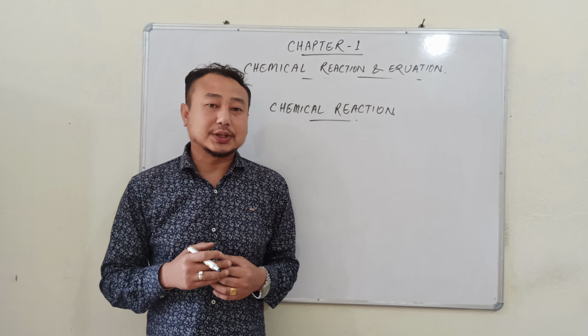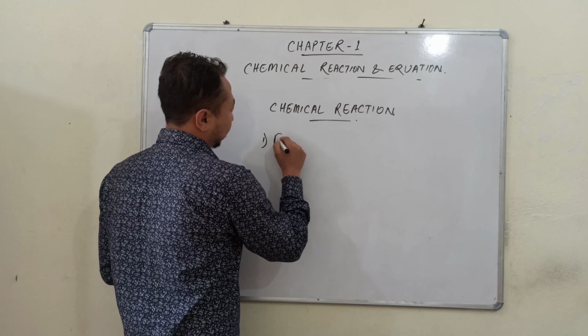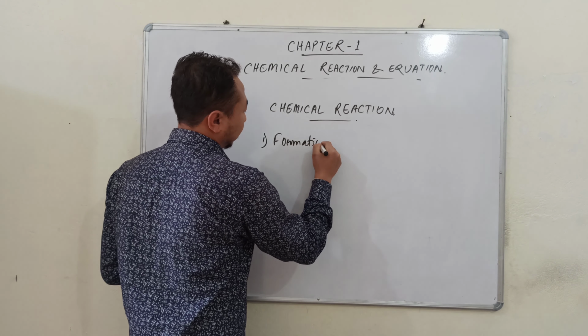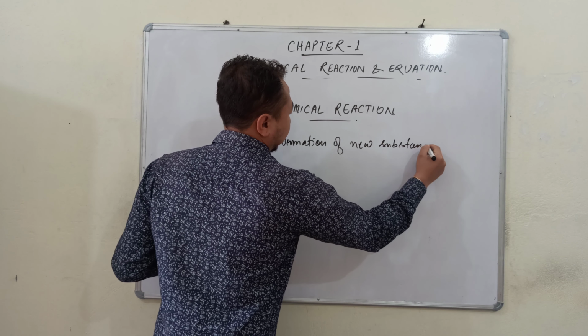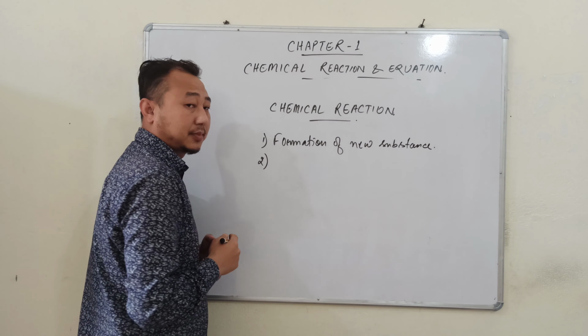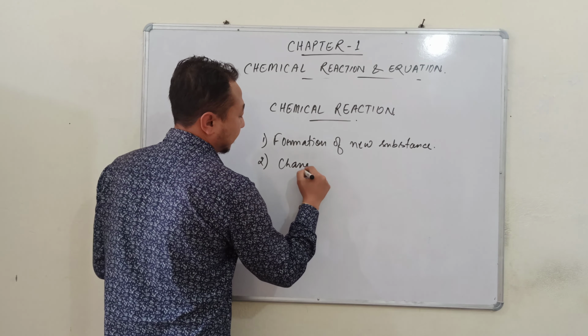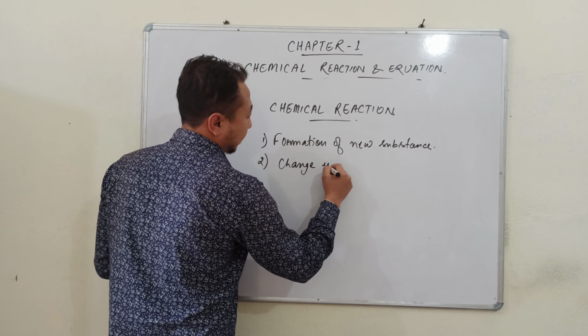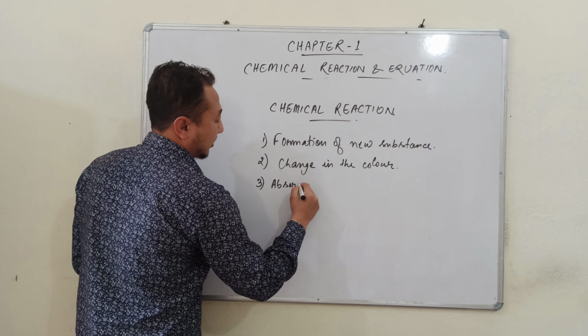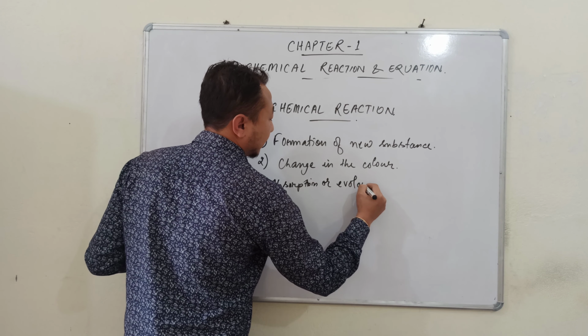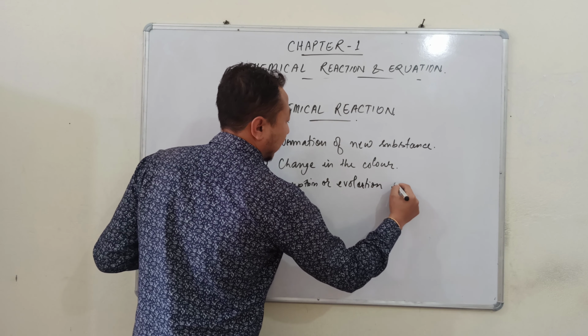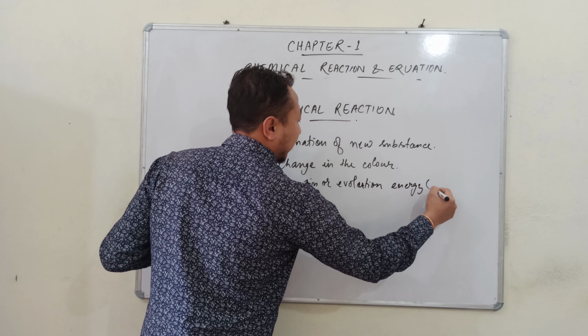Some of the important characteristics of a chemical reaction are the formation of new substance, change in the color, absorption or evolution of energy, especially in the form of heat.